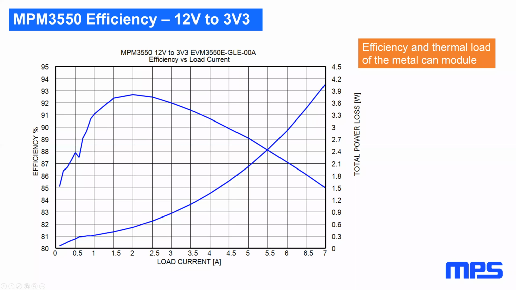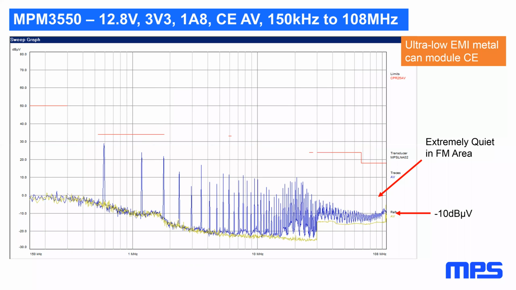If you look at the EMI, I have measured here the conducted EMI from 150 kilohertz to 108 megahertz. You see especially in the high frequency region above 30 megahertz, where it's typically very difficult to get a lot of attenuation, that it's extremely quiet. Now, I have to add that I use a low noise amplifier with a noise figure of about 4 dB, which means that a 50 ohm resistor at room temperature would probably read here minus 18, minus 20 dB microvolt.